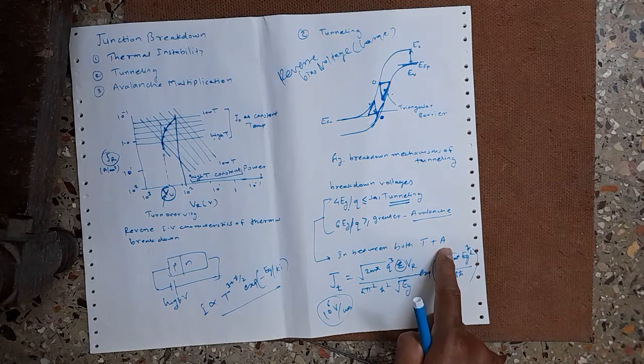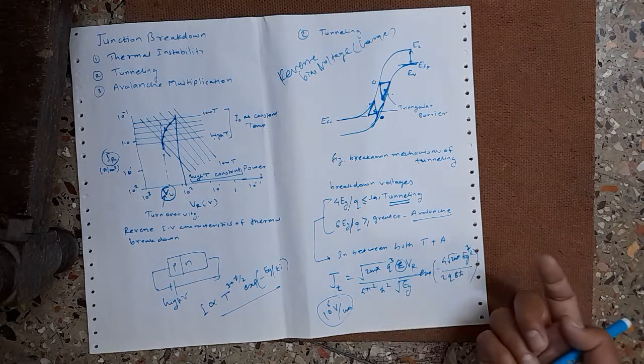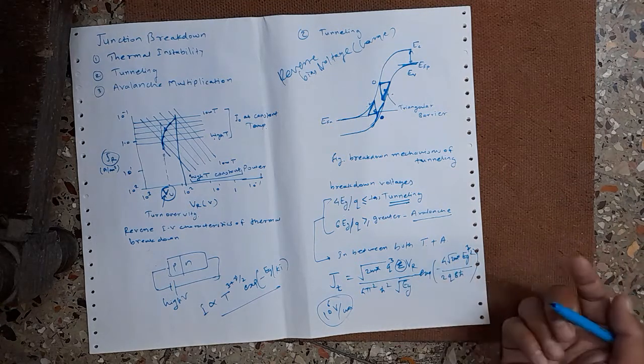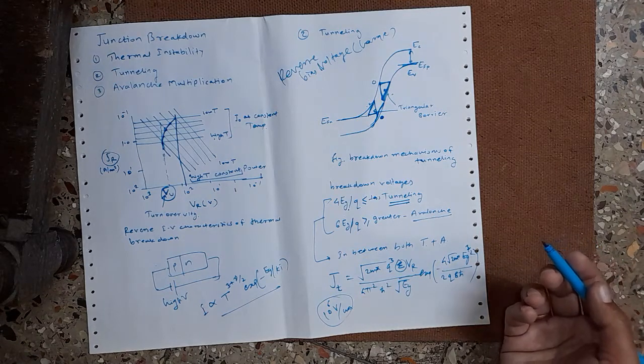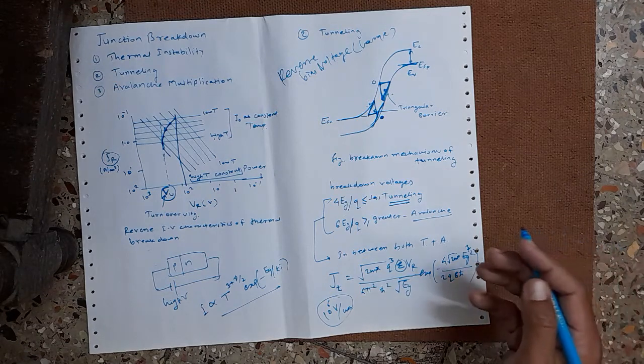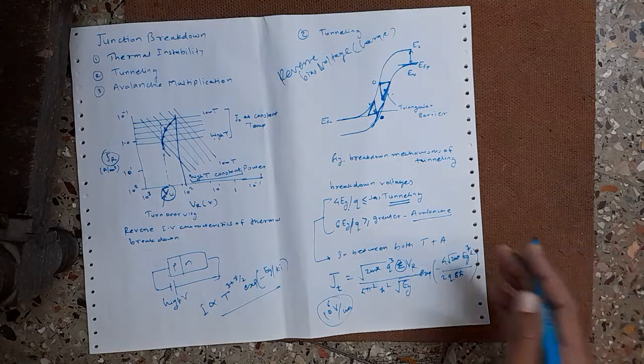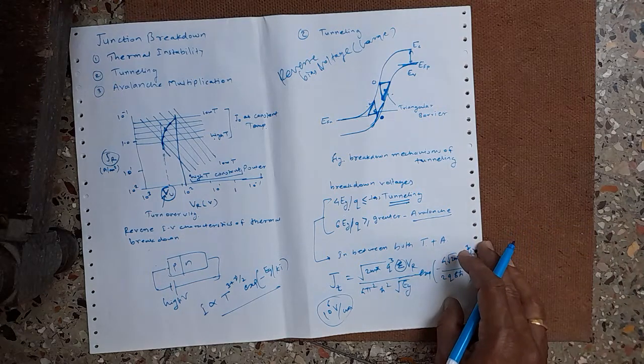Since the energy band gaps of silicon and gallium arsenide decrease with increasing temperature, that is a negative temperature coefficient, the breakdown voltage in these semiconductors due to the tunneling effect also has a negative temperature coefficient.